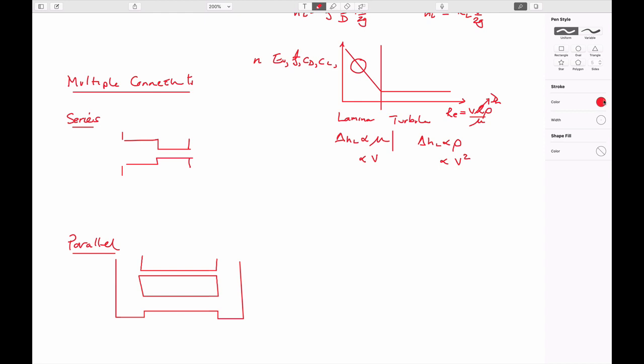Suppose we could use different colors to represent the head between upstream and downstream. And so in this particular case, this would be the head loss.